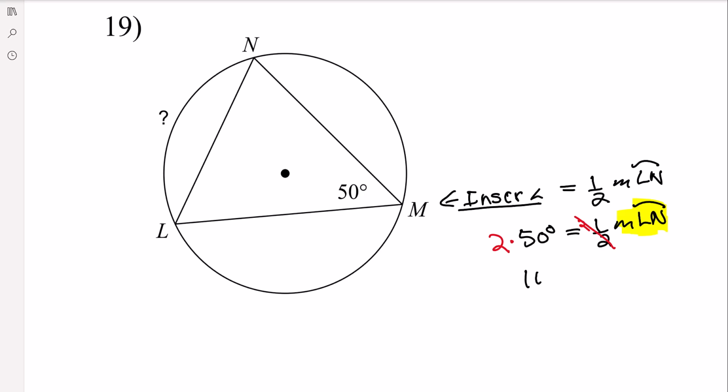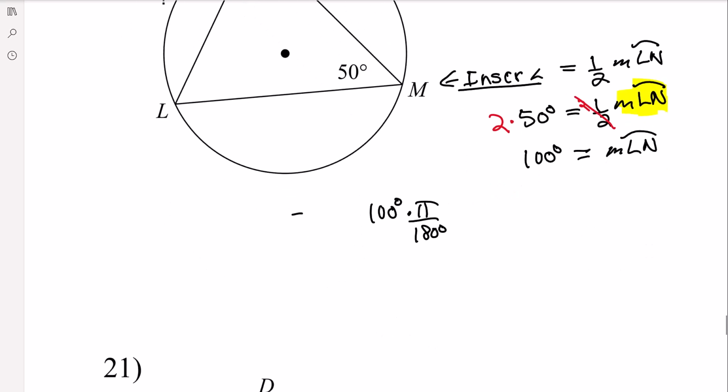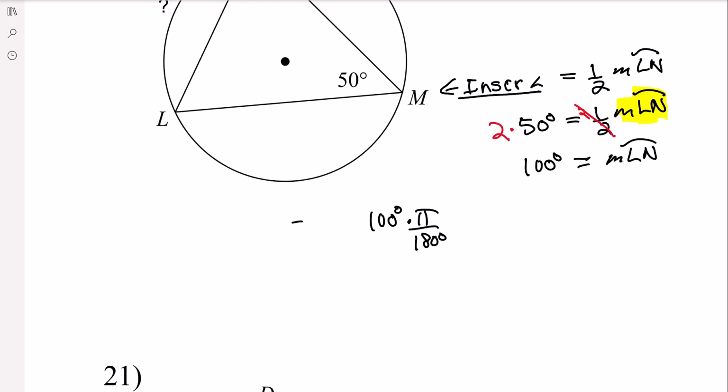So remember, arcs can't be in degrees, but right now we have 100 degrees equals the measure of the arc. So we now have to convert 100 degrees times pi over 180. And then with your calculator, just do the fraction button. So that's what I'll do. Or you could do it manually.